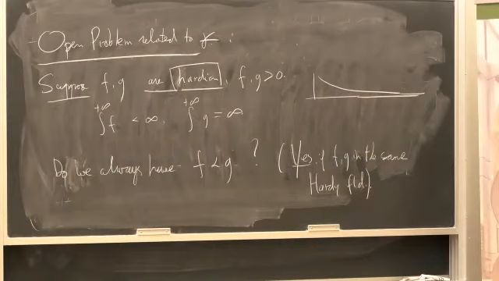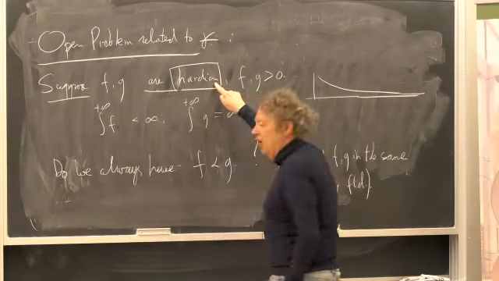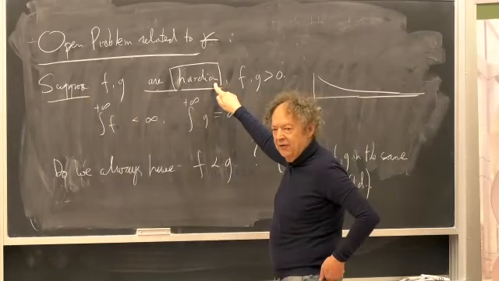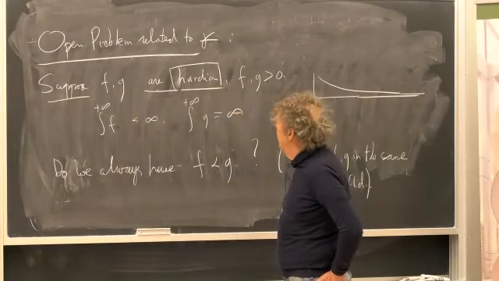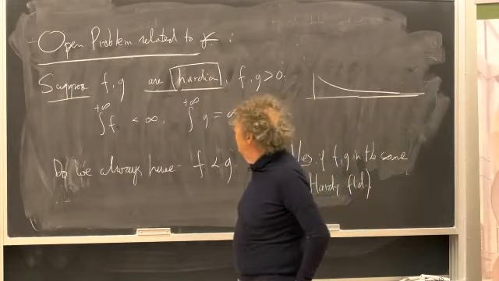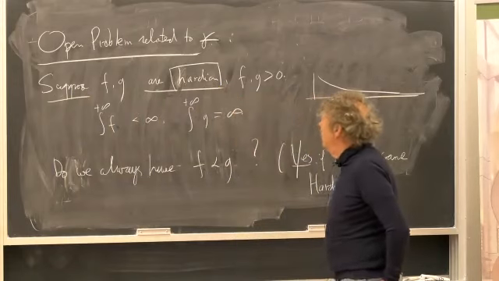Hardian means they live in a Hardy field. They are elements in a Hardy field. The question is whether they are comparable at all.